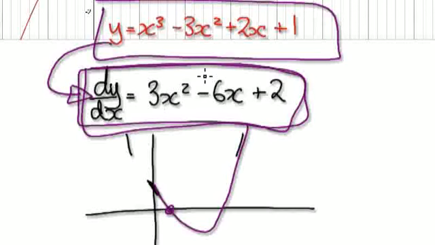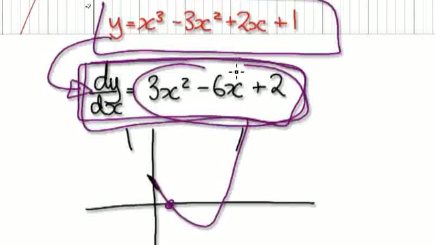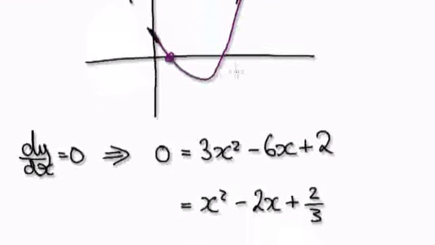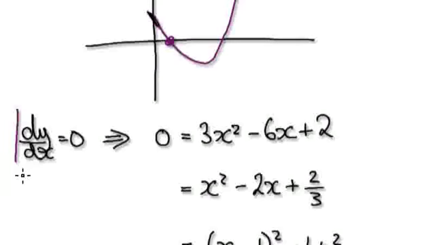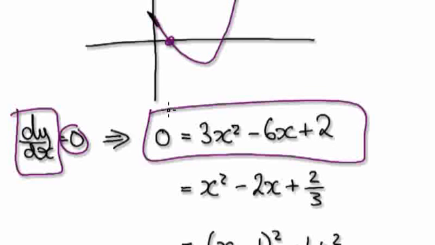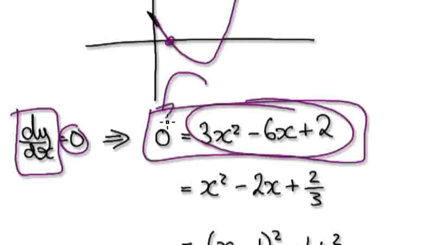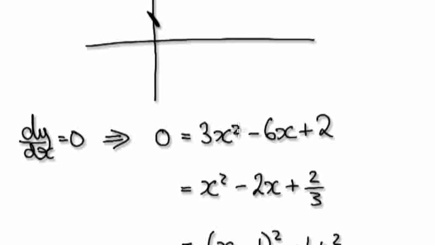Try to find an x when the gradient will be 0. Finding an x when the gradient is 0 is you setting dy by dx to 0. So it's you doing this here. You're trying to find the whole thing here that will give you a gradient of 0. So it's really a matter of you finding out the value of x when the gradient would be 0.